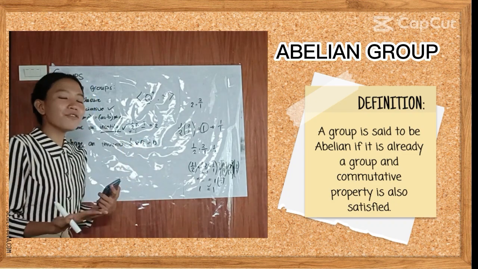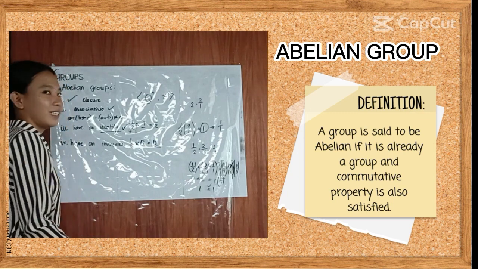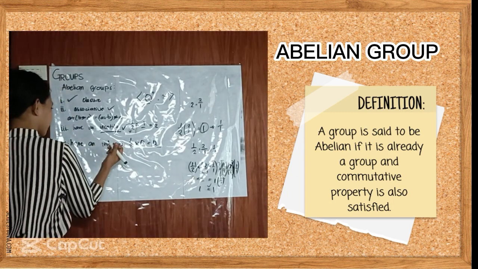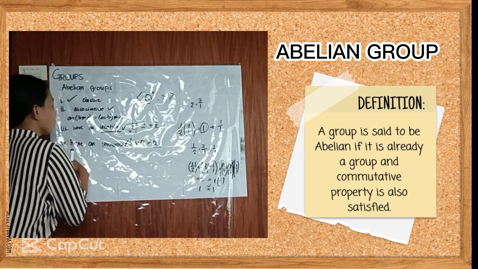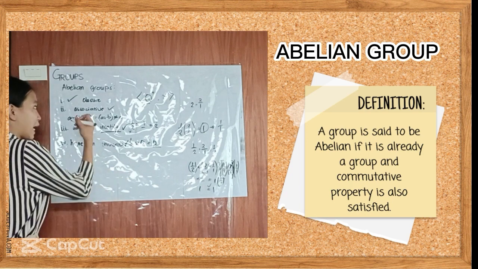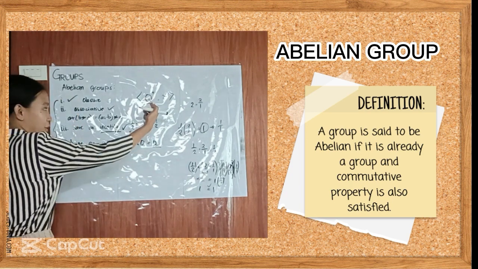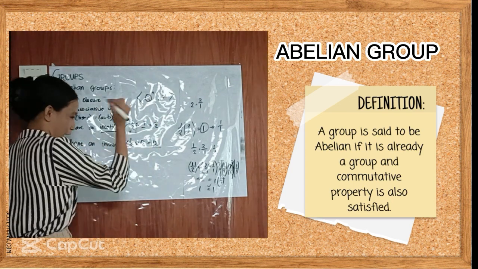Yes, 1/2 times 0 is 0. So our inverse is 0. Again, our fourth property is satisfied. Therefore, the positive rational numbers under multiplication is a group.